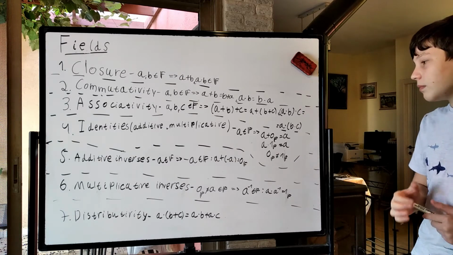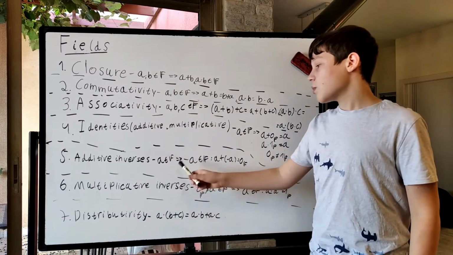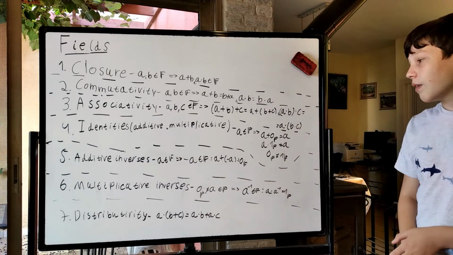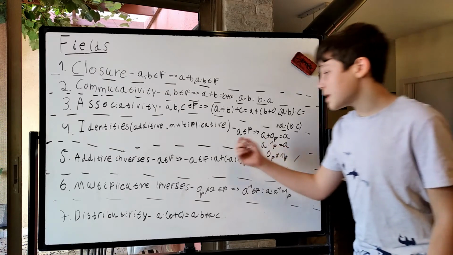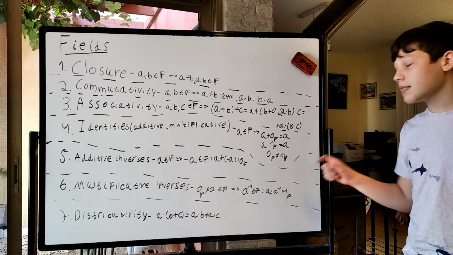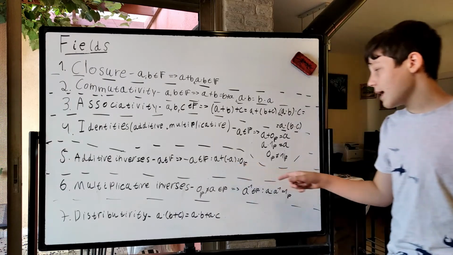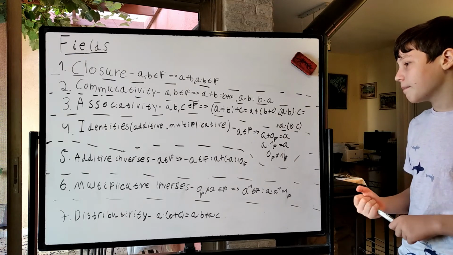Next is additive inverses. If A is in our field F, that means that negative A is in F, such that A plus negative A is the zero of the field. It's the additive identity.